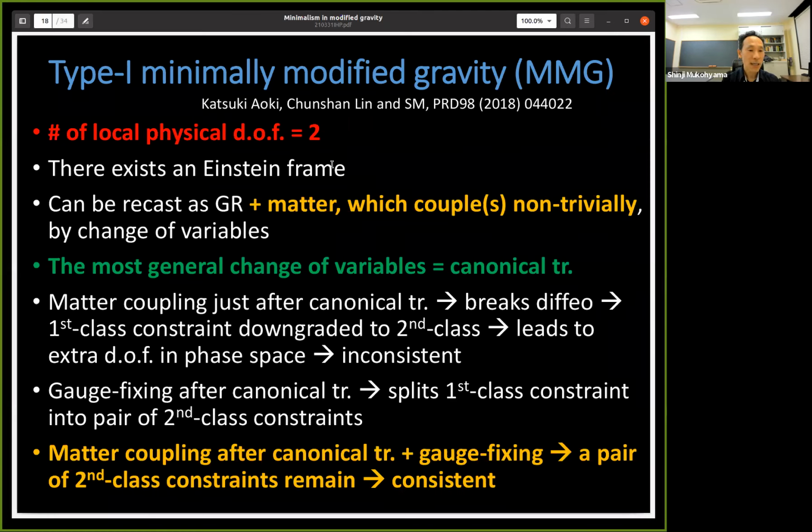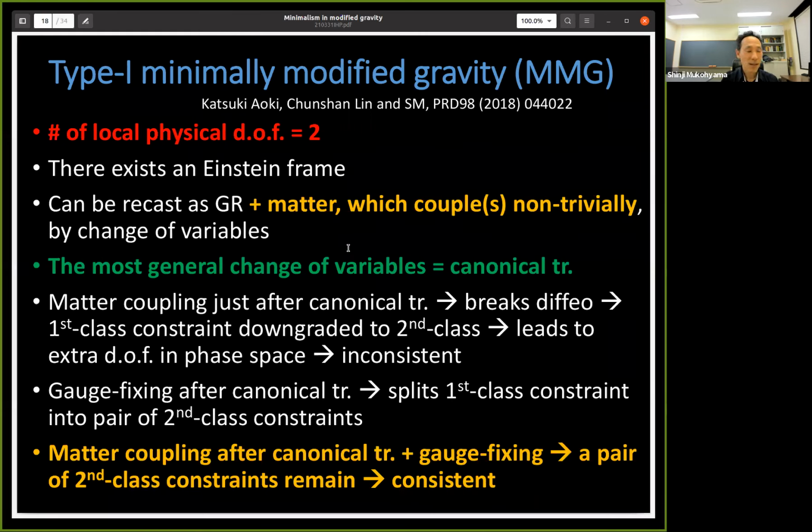Therefore, this theory can be recast as GR plus matter, which couples non-trivially, by a change of variables. In other words, we can start from GR, then perform some change of variables to generate any type 1 minimally modified gravity. This is a completely systematic construction. All type 1 minimally modified gravity can be reconstructed in this way.